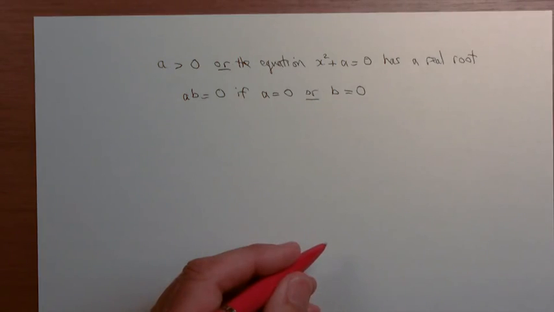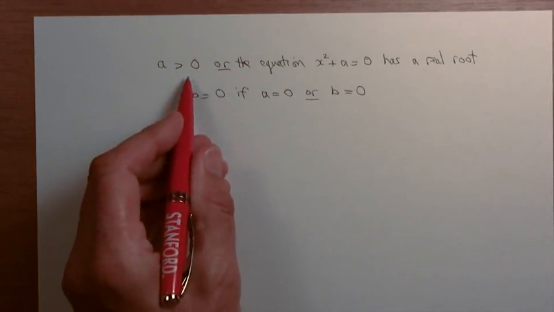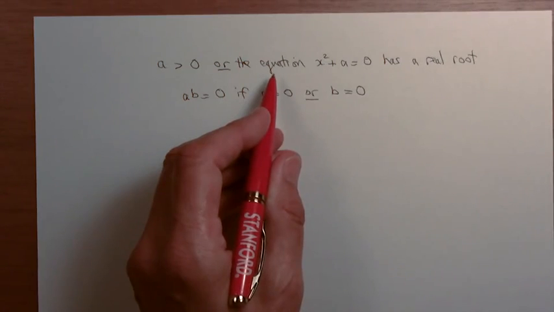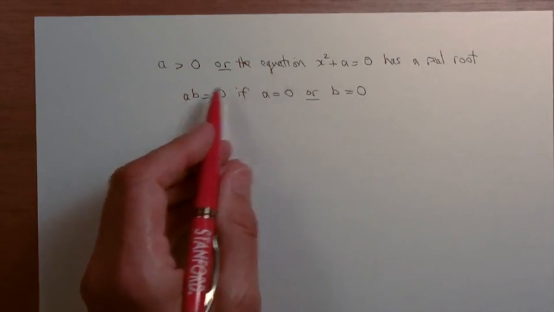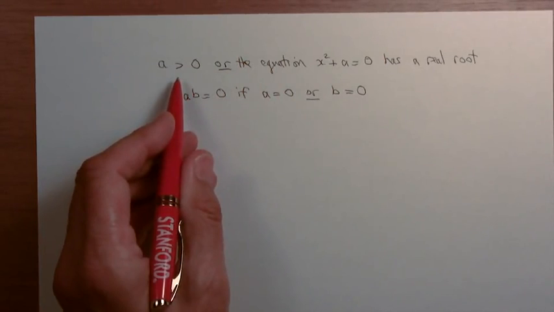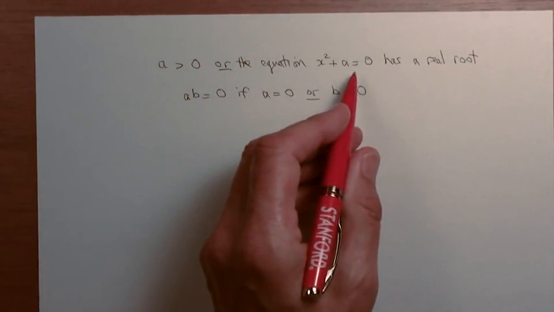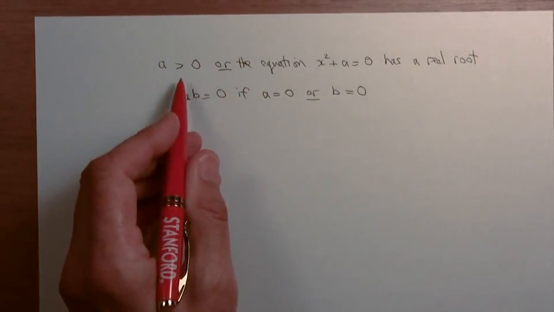Both statements are in fact true, but there's a difference between them. The meaning of OR is not the same in the first sentence as it is in the second sentence. In the first sentence, there's no possibility of both parts being true at the same time. Either A is going to be positive, or this equation will have a real root. They can't both occur.